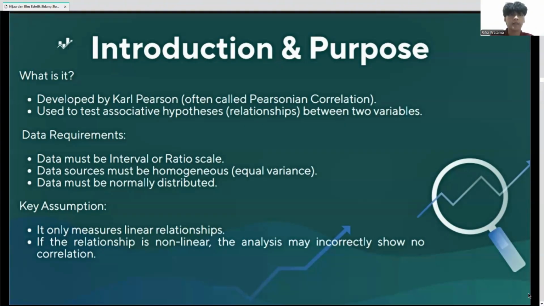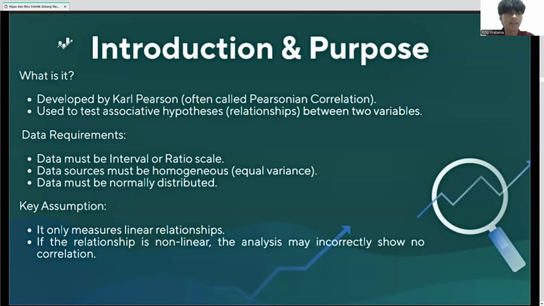Introduction and purpose. What is it? For the first, developed by Karl Pearson, often called Pearsonian correlation. And second, used to test associative hypothesis, the relationship between two variables. Data requirements. For the first, data must be interval or ratio scale.